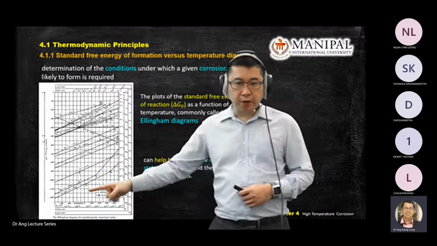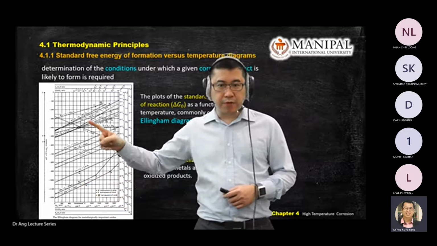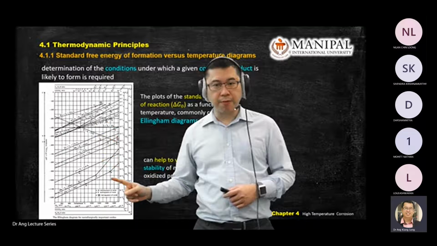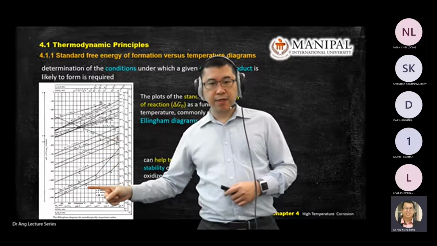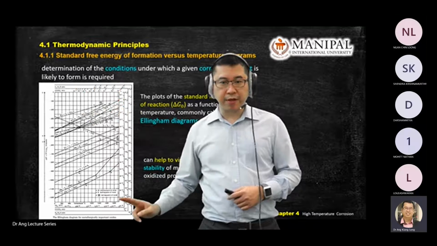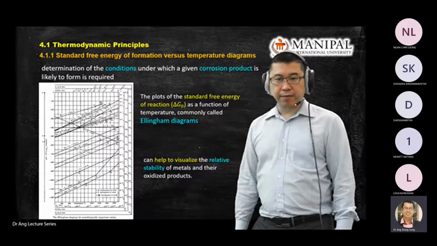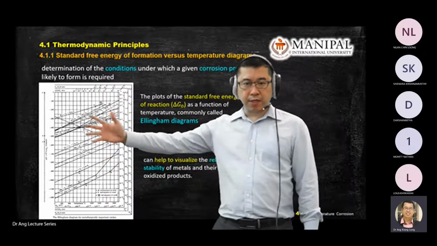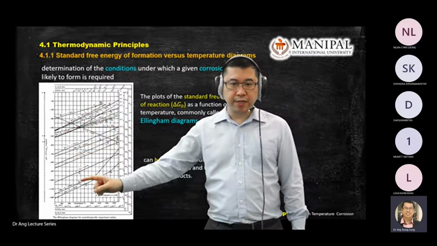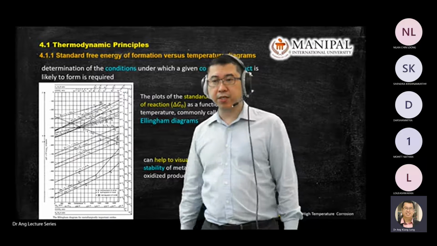It means you have all these processes here. Just for your info, all these lines represent different chemical products that can form under the conditions stated around the graph. So all these lines tell you the line of stability of different chemical products.